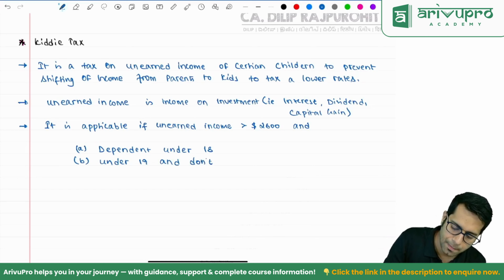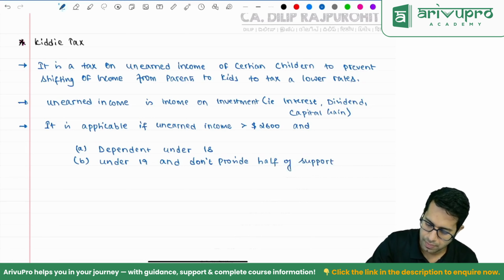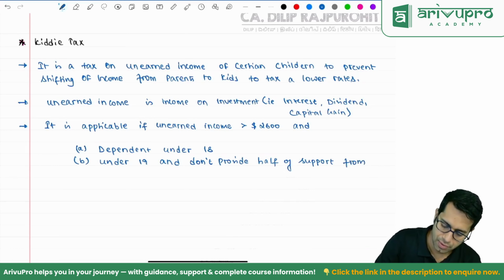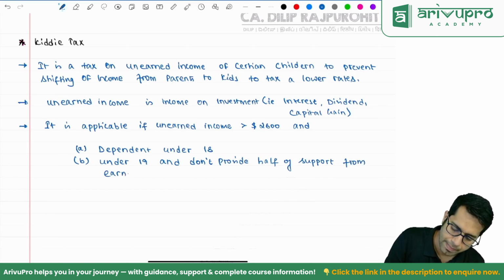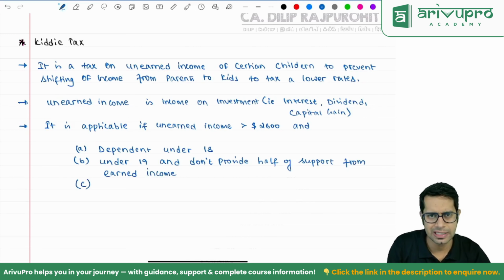and does not provide half of their support from earned income. Case number 1, if his age is less than 18, then it is always taxable.